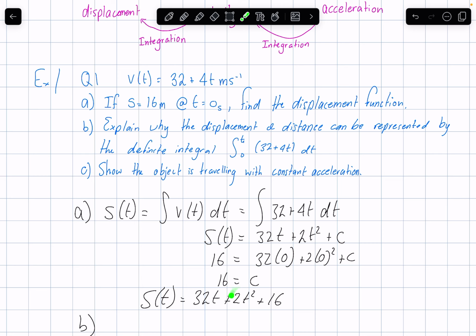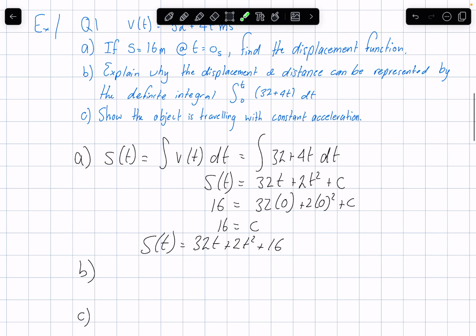Now, typically we would write the 2t squared first, but it doesn't matter that much. Okay, explain why the displacement and distance can be represented by the definite integral 0 to t1, 32 plus 4t dt. Now, the big difference between distance and displacement is we have to account for negative distance or away from the origin in displacement.